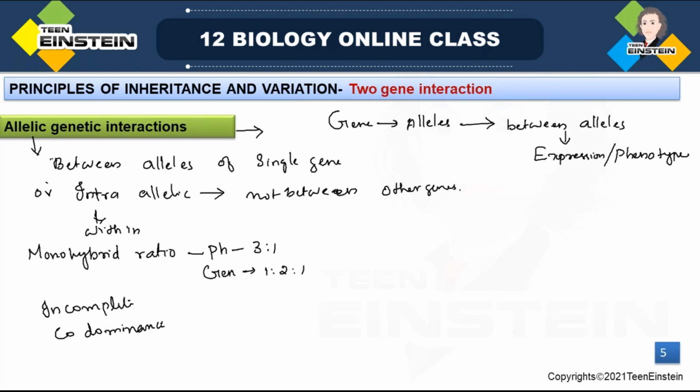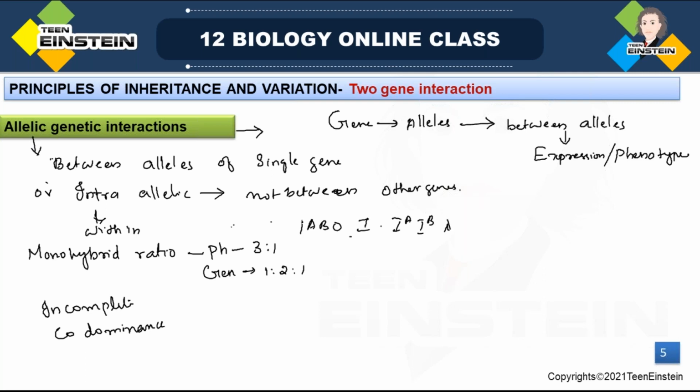So how am I going to connect these two with allelic genetic interaction? Do you have any idea? These all come under allelic gene interaction. Why? Because all these explanations we gave were between alleles. In these cases, the interaction happens between alleles of the same gene. We explained the ABO blood group: that is the same gene, the I gene, but it has different alleles, IA, IB, and small i.